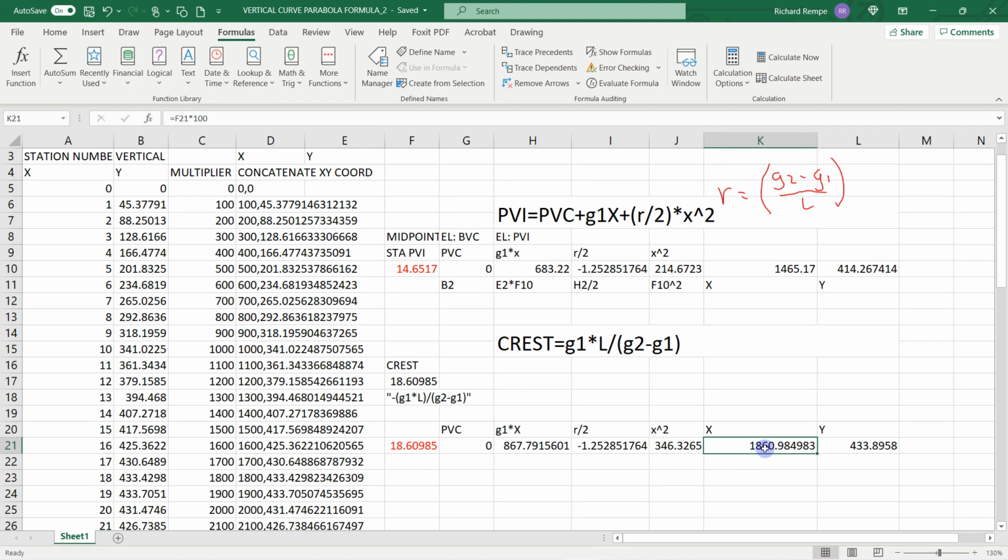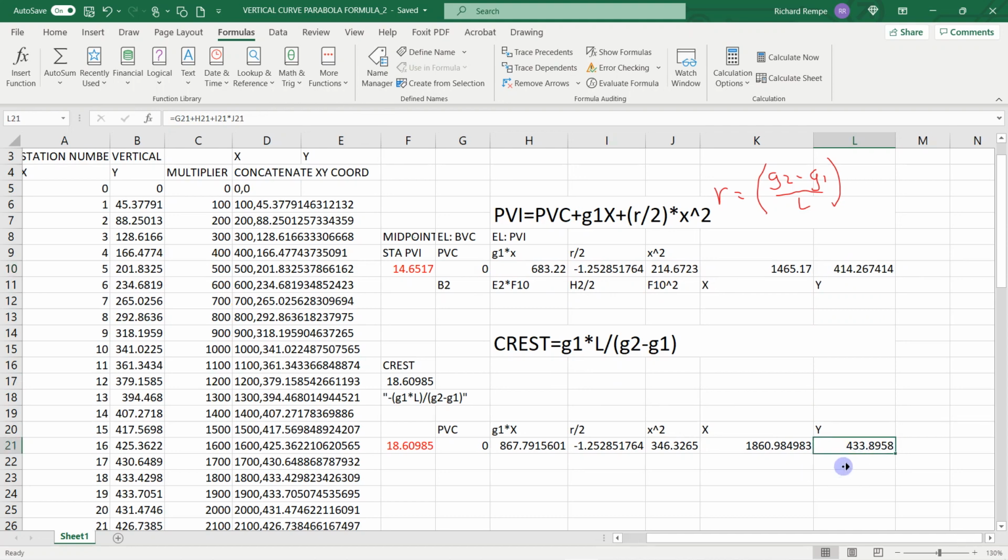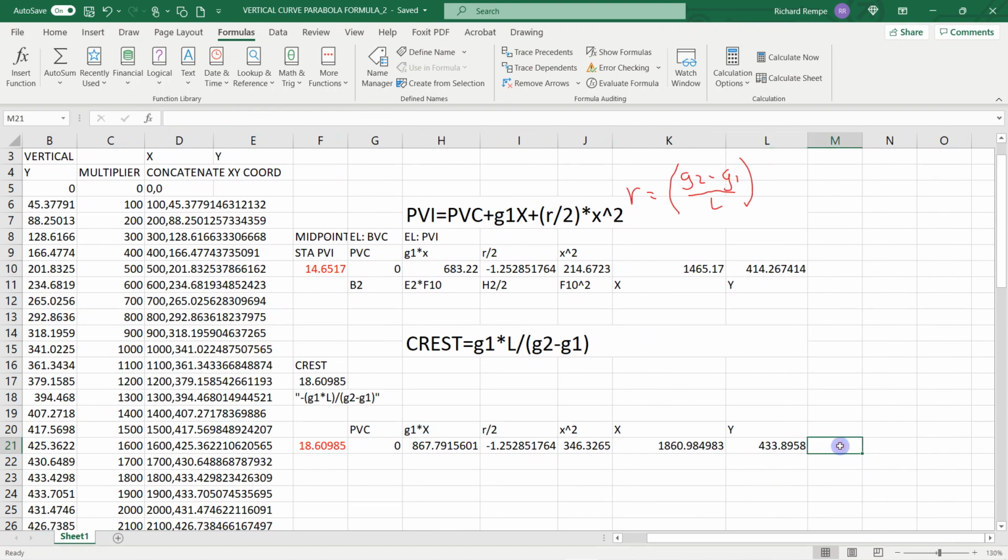And then I multiplied it by 100, and this is our PV, the point of vertical intersection on the Y, right? So I just did the same formula as we had here, right? And then actually we could just do this too. We go equals concatenate.